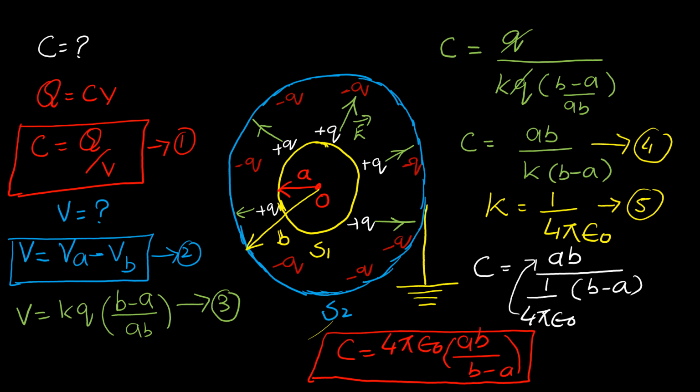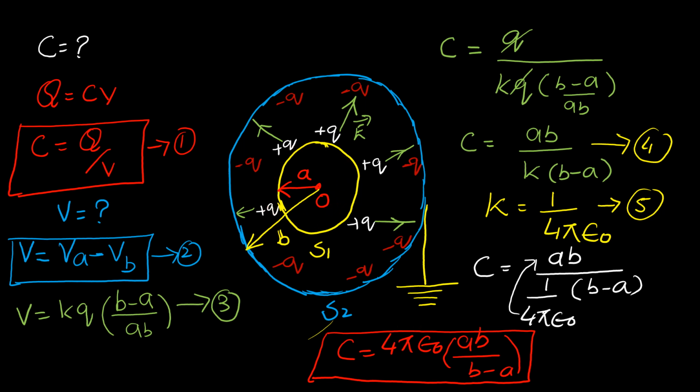Now, dear student, please keep in mind that there is another interesting point. If there is a dielectric medium or any medium other than free space between the two spherical plates, then we need to incorporate epsilon in this equation.